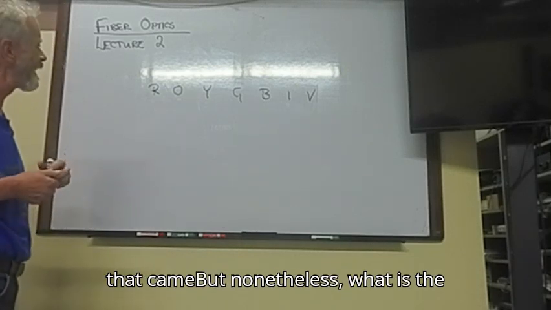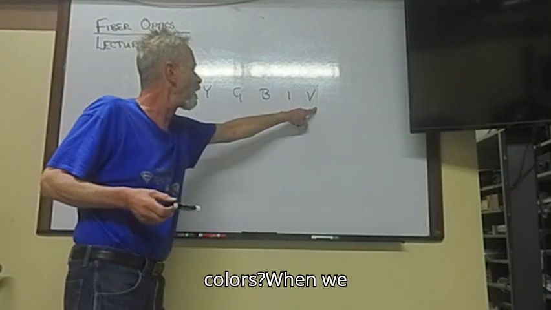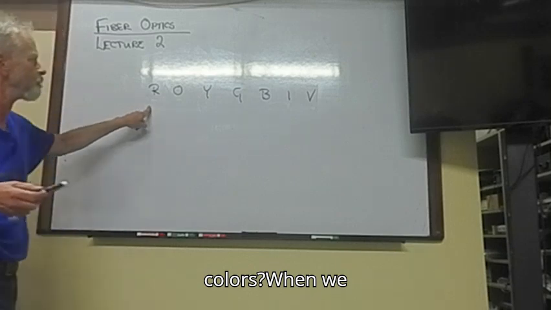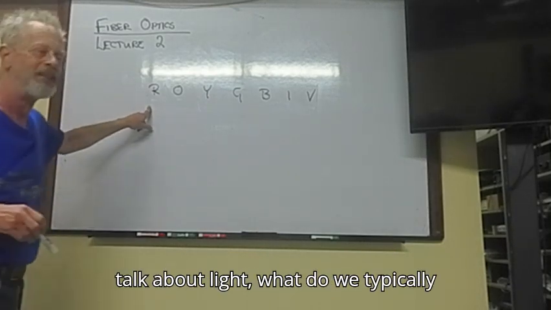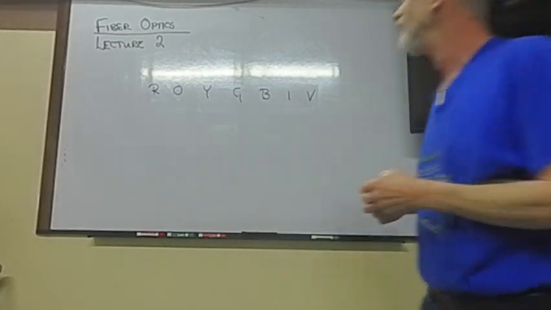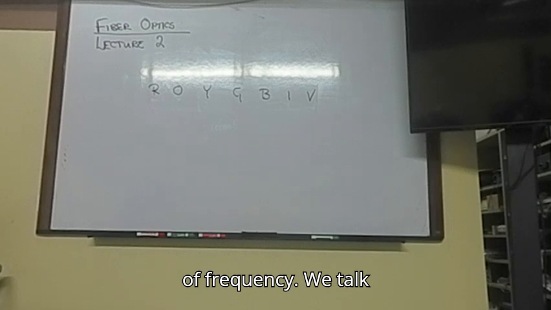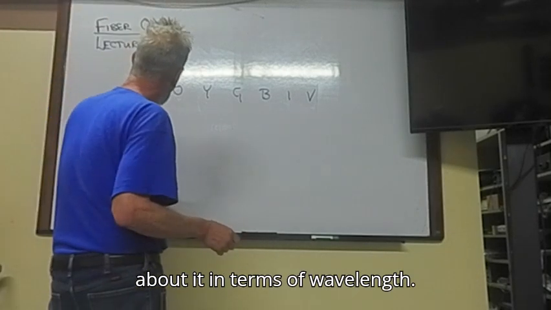But nonetheless, what is the difference between these different colors? When we talk about light, what do we typically talk about? Frequency? We don't usually talk about it in terms of frequency. No. We talk about it in terms of wavelength.